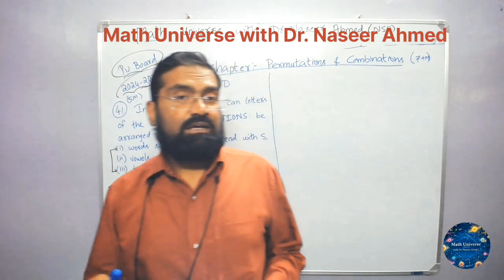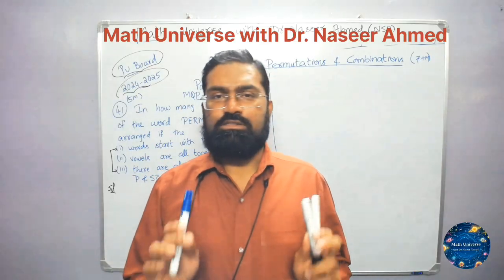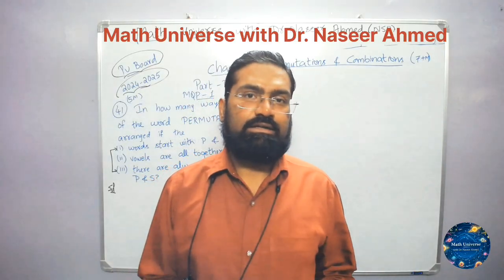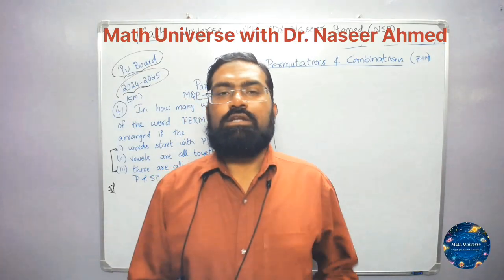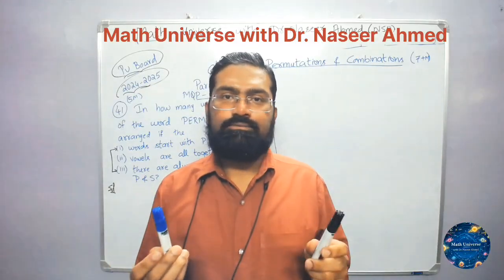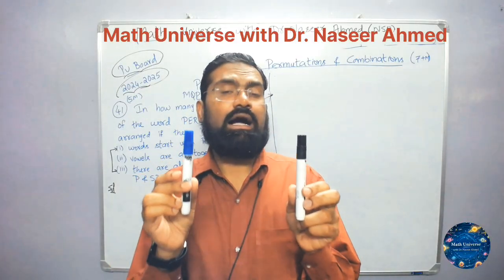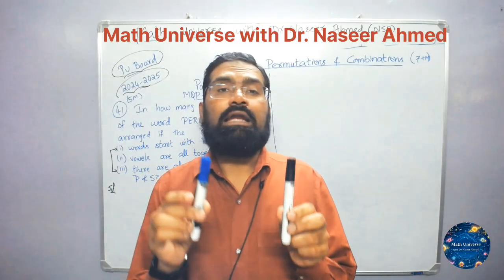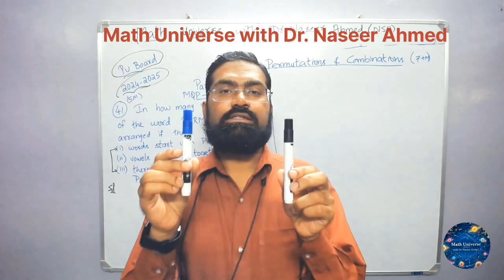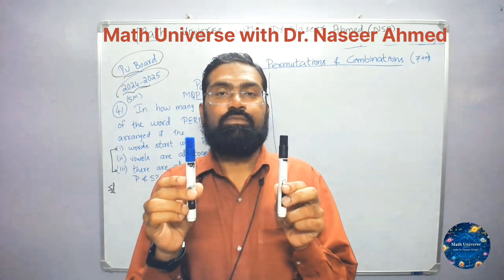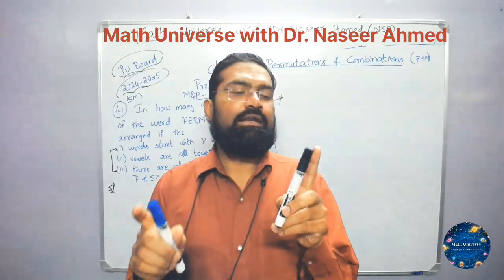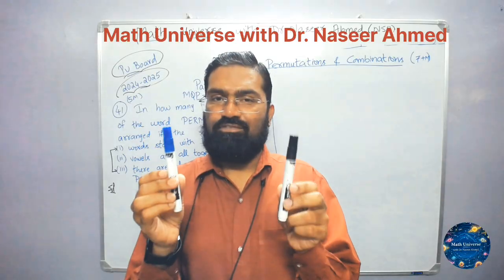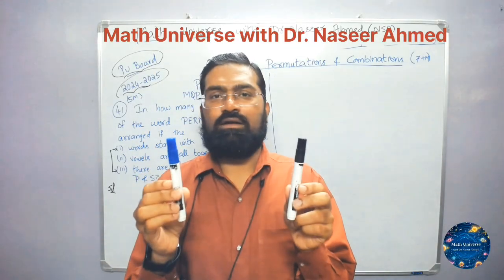Dear students, before taking up the next problem, one small concept. Let us understand practically. What can you see in my hand? Markers. Are these identical or different objects? Identical means same. Here the cap is blue and here it is black, so very easily you can identify that these are two different markers.